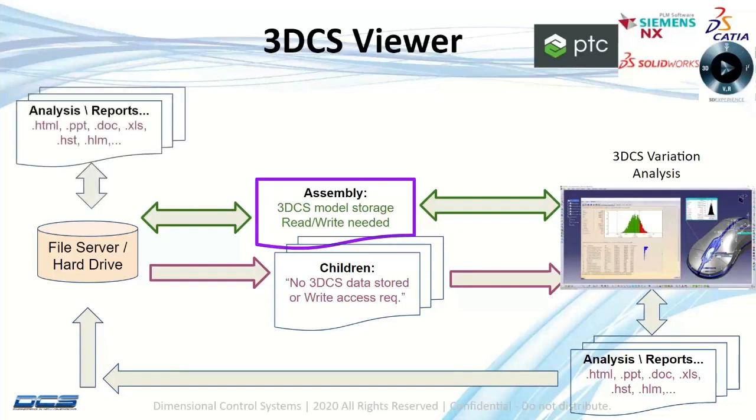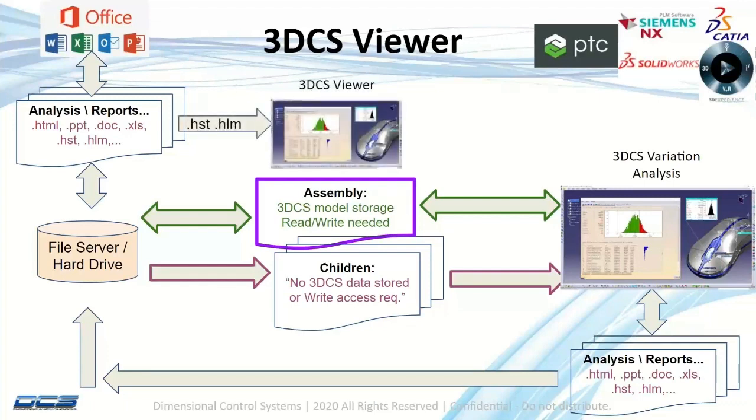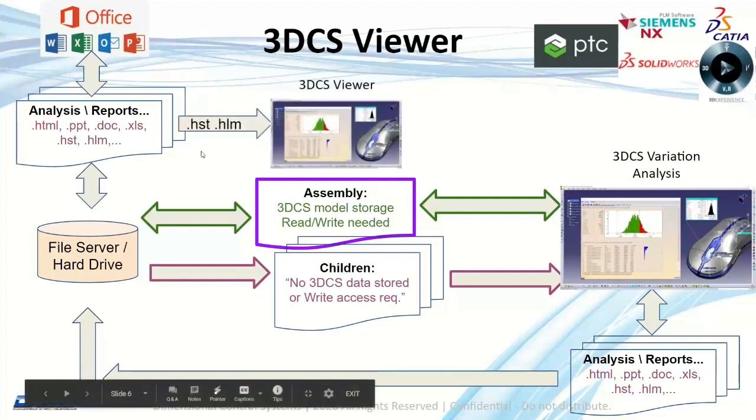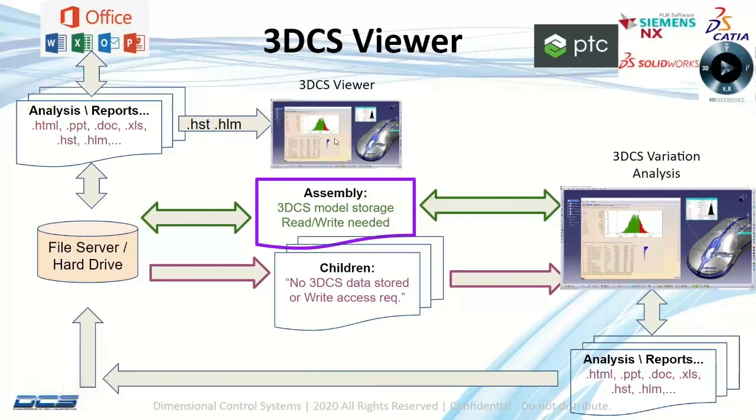From the file server, anybody can pull those reports, take them out, put them back in, generate reports, Word, Excel, PowerPoint, and then anything that's in the file server, as far as the HST, HLM, we can pull the data directly from the server into the viewer, which you're going to see. So you'll see that this is the current process if you're using 3DCS on a file server base.